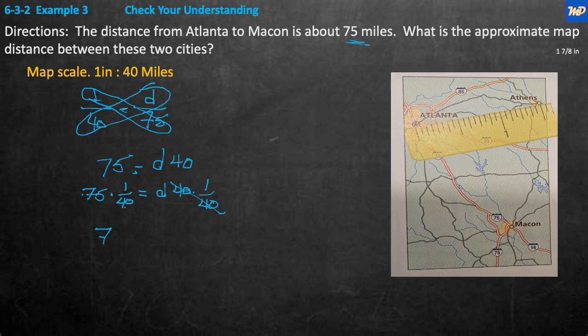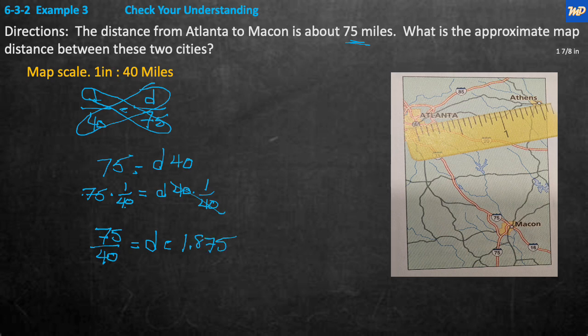75 divided by 40 is equal to D. And if we calculate that on my calculator, 75 divided by 40 is 1.875. I'm going to write it right here, equal to 1.875.